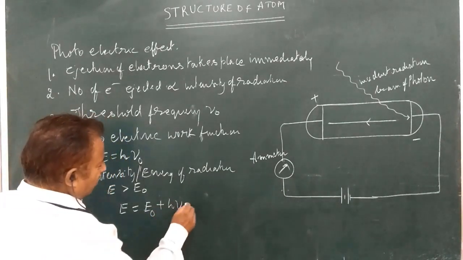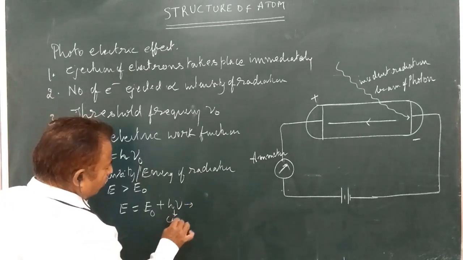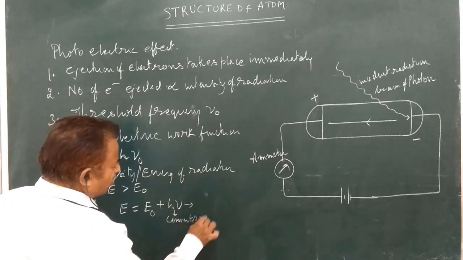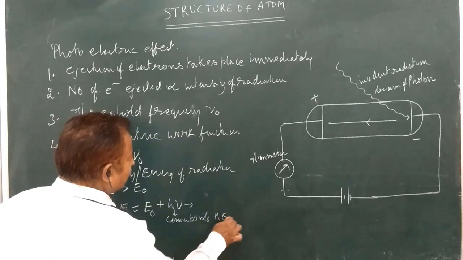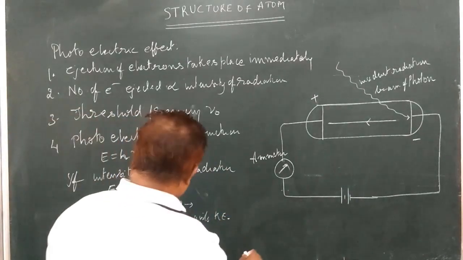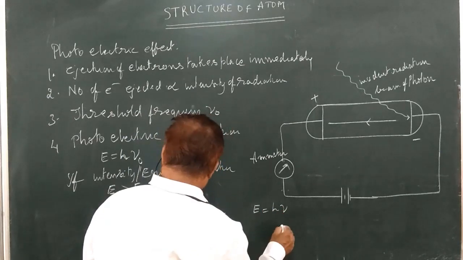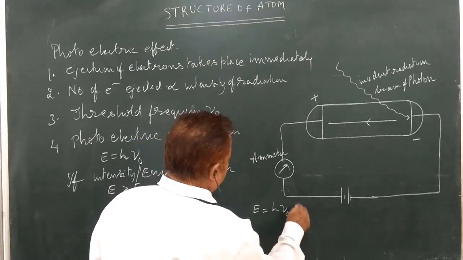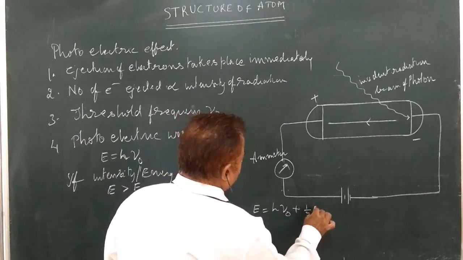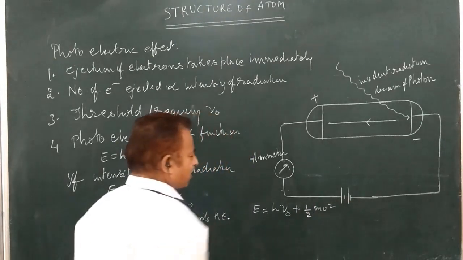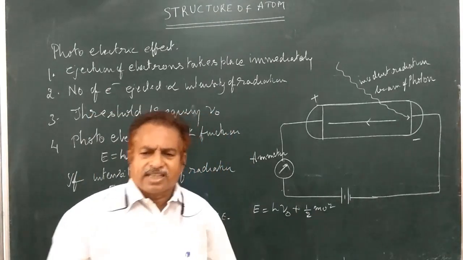This leftover energy converts into kinetic energy. Therefore, this can be written as E equals h nu naught plus 1/2 mv squared, that is the kinetic energy of the electron.